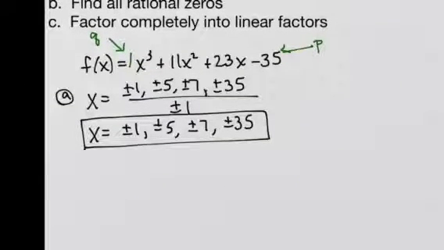Now we want to find the ones that actually work. So if we find one rational zero, then we can answer part C by factoring completely, and that'll allow us to find the other two rational zeros. So let's test out and see if we can find one that works. Let's say we test the number -1. So off to the side, using our polynomial, we'll take the 1, 11, 23, and -35.